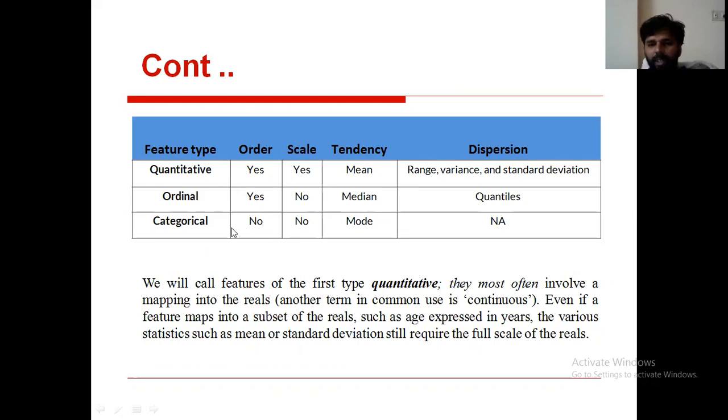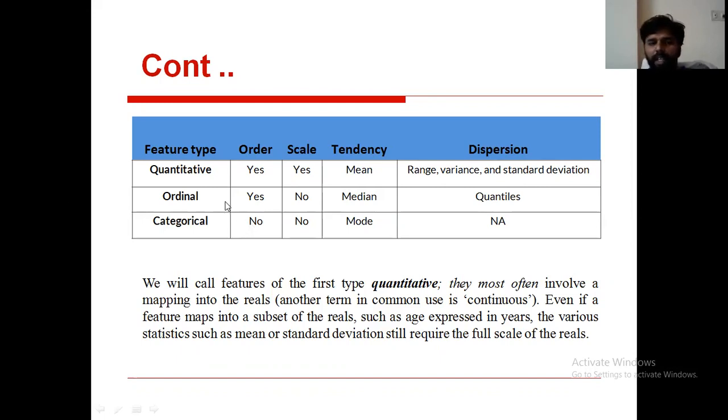Categorical features may be week names, color names, month names, designations, etc. If you take a categorical feature like color, it may be red, green, yellow, white, etc. There is no order, right?